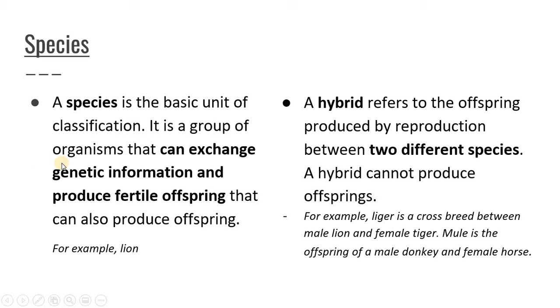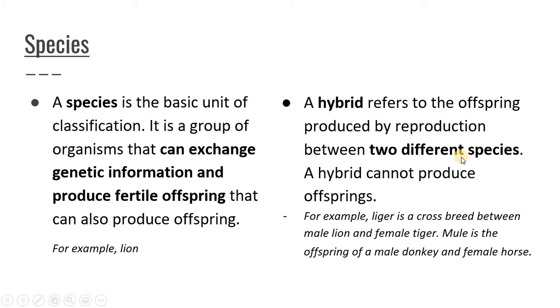It is actually a group of organisms that can exchange genetic information and produce fertile offspring. So the word fertile means healthy, okay? And their offspring can also produce offspring. Whereas a hybrid refers to the offspring produced by the reproduction between two different species.